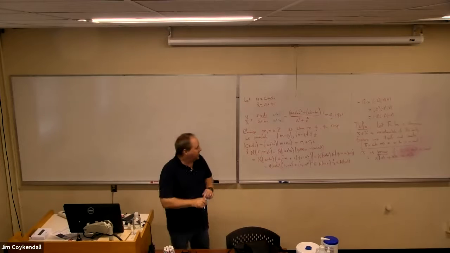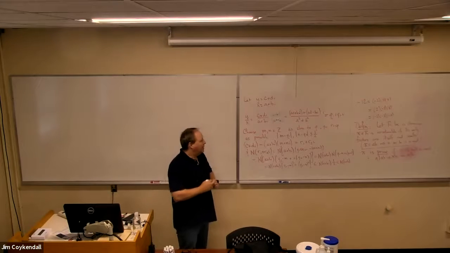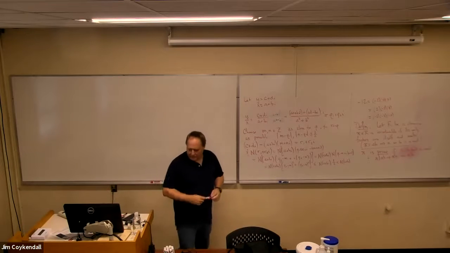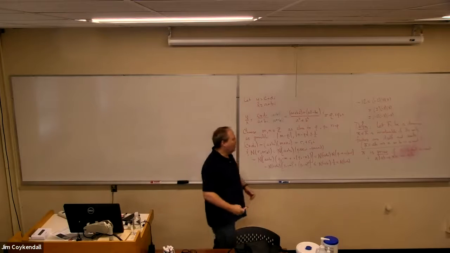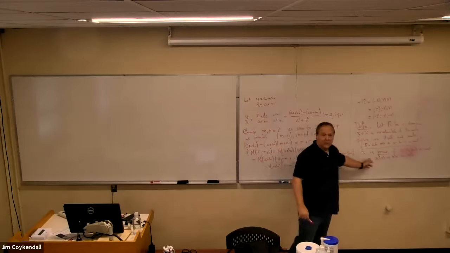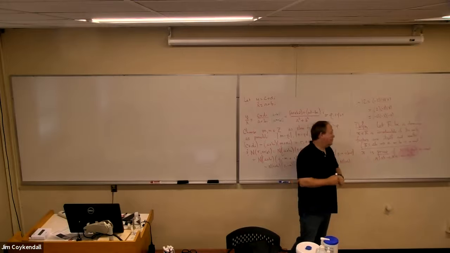Now, as it turns out, and you might try to prove this for yourself, if that kind of thing excites you, any prime that is not 0 must be irreducible.